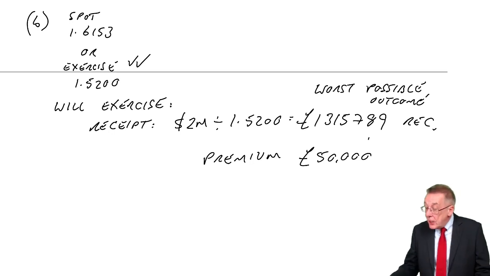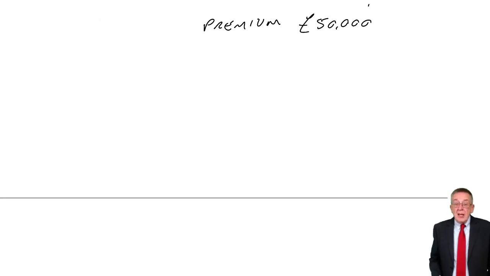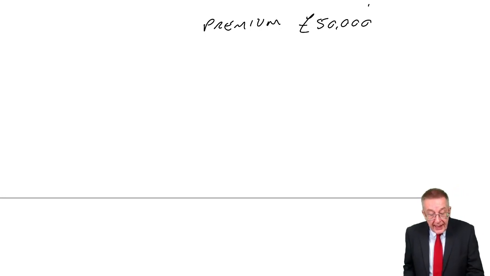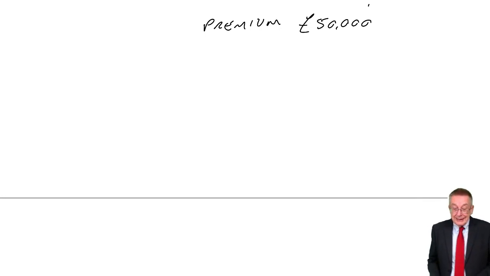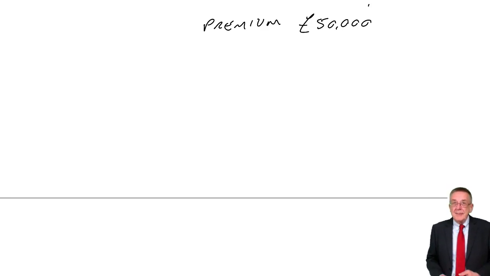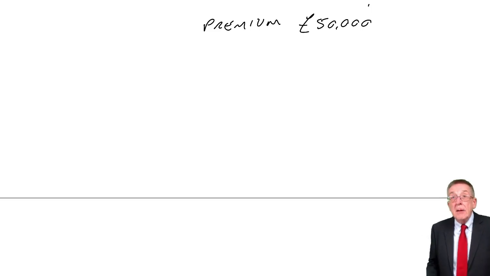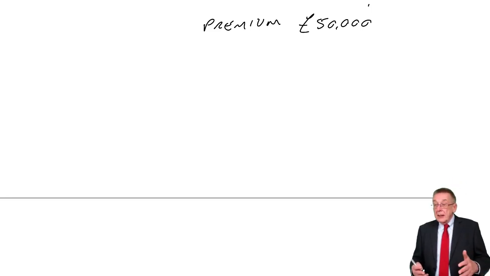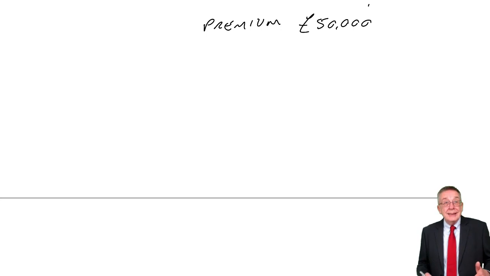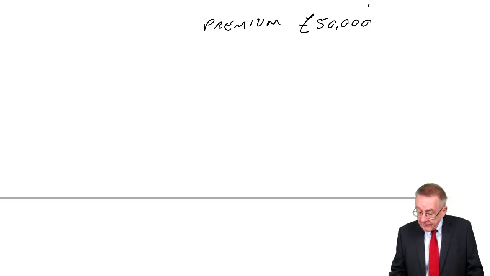As I say, one bit of terminology, just in case it's mentioned: here we have the option to sell dollars at a fixed rate. Well, equally, if you were having to pay money, you can get an option to buy dollars at a fixed rate. And there are words for that.